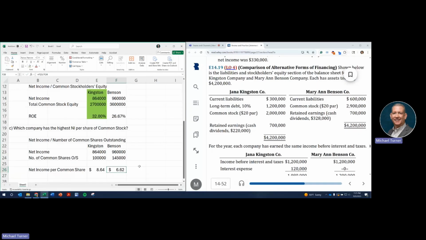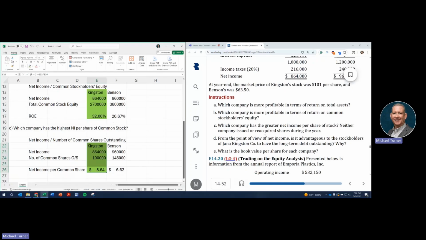Remember, all things else in the problem are considered equal. And so as the number of shares increase, the amount of net income per share, of course, is going to decrease. So looking at this, it would appear that Kingston is the superior company because it carries higher net income per share of common stock.